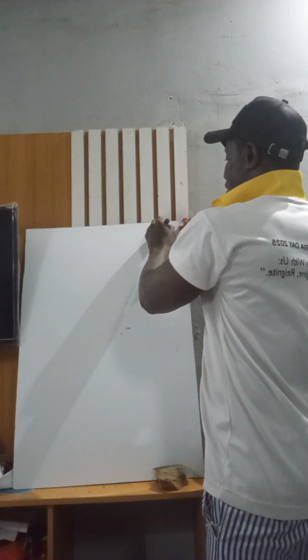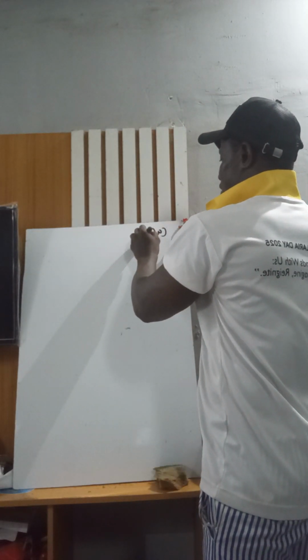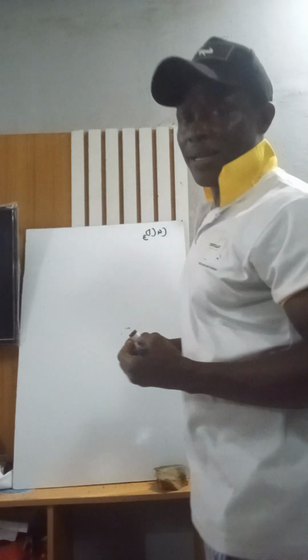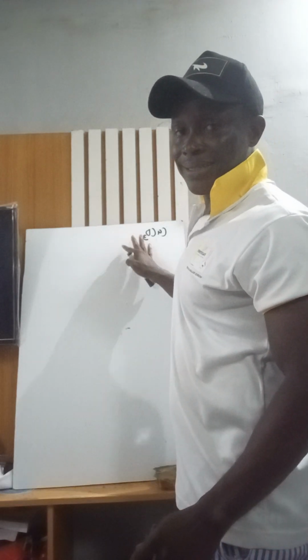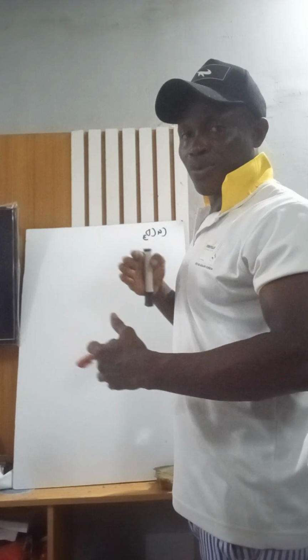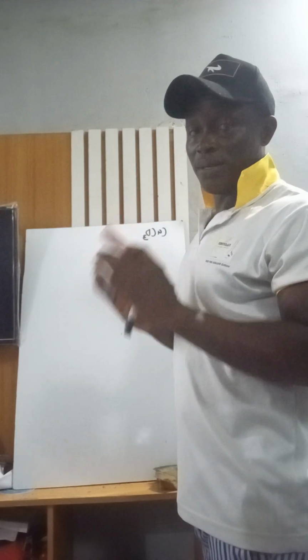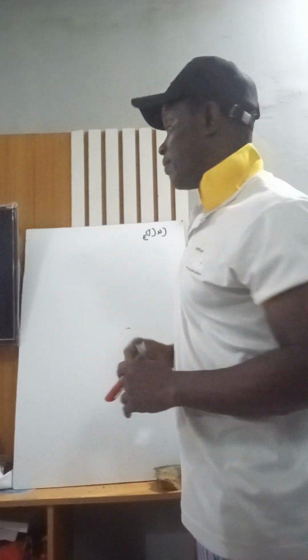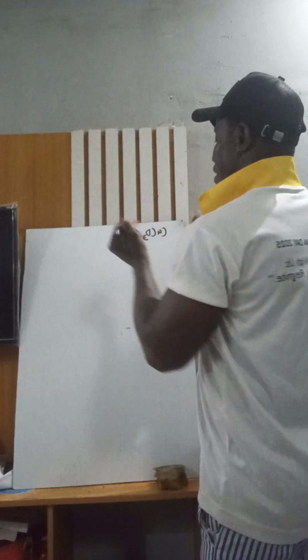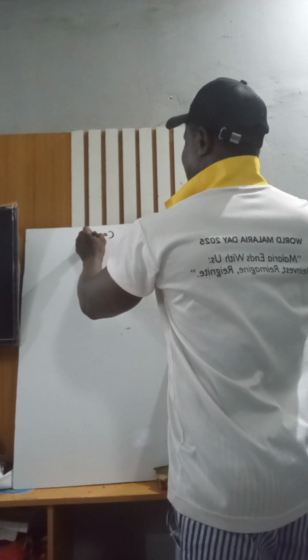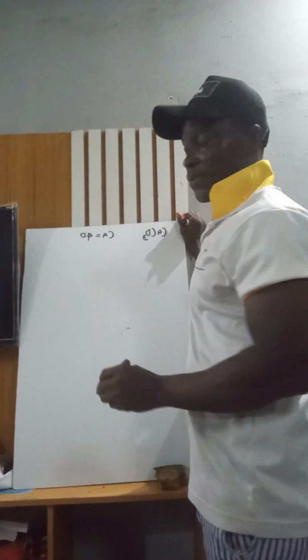So you are given calcium trioxocarbonate 4. Please don't worry, we are going to take how to write chemical formula and balanced chemical equation, we are going to take that topic separately. So calcium will be given as 40 in the question.